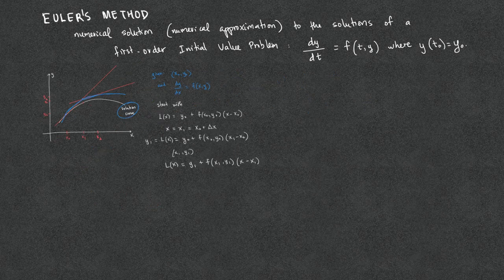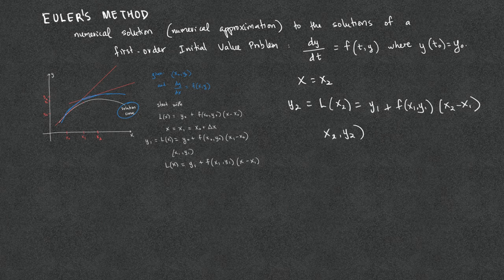We then use another x value, x2, and plug this into the equation that we just found to approximate y2. And remember, x2 minus x1 is the delta x. And then we use the new point (x2, y2), along with the differential equation, to find another line to approximate the curve.